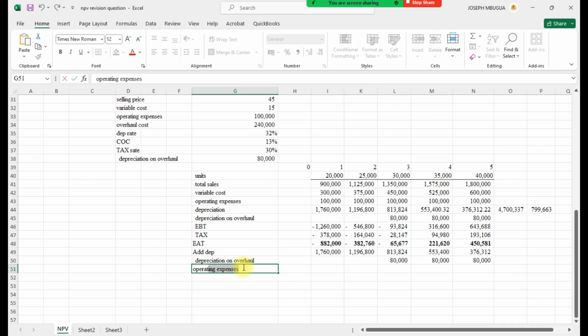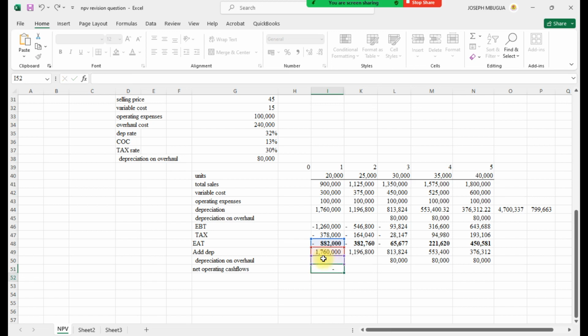So this is operating cash flow. Net operating cash flow that you are getting here will be the sum of earnings after tax and depreciation, both depreciation on the main asset and the overhaul.